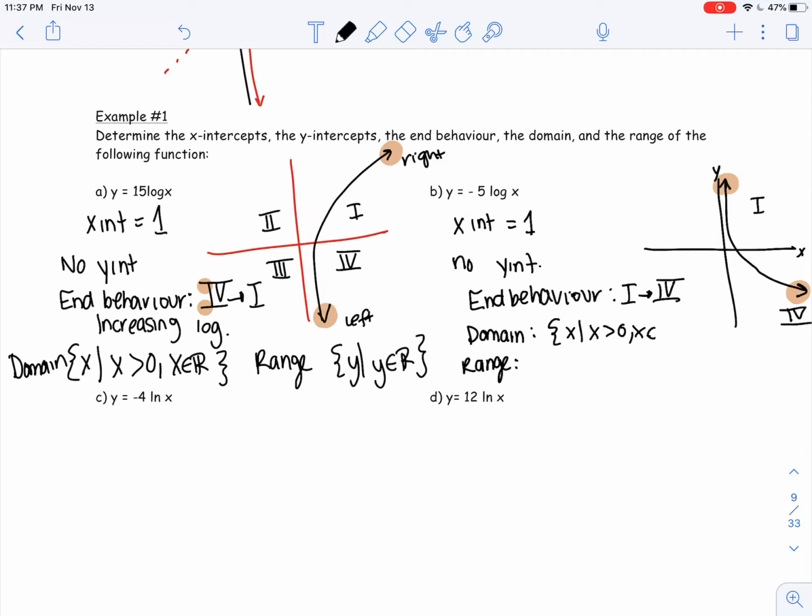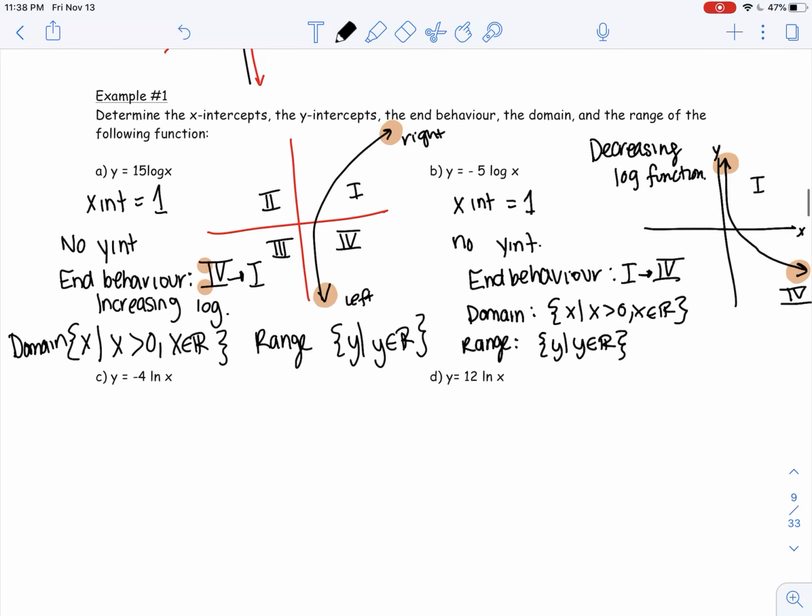So we're going to say x such that x is greater than 0, x is an element of real numbers. And then your range will be y such that y is an element of real numbers. Okay, so this is also a decreasing logarithm, because it's going down to the right. It's getting lower and lower and lower. It's getting smaller as you go to the right, so it's a decreasing log function.